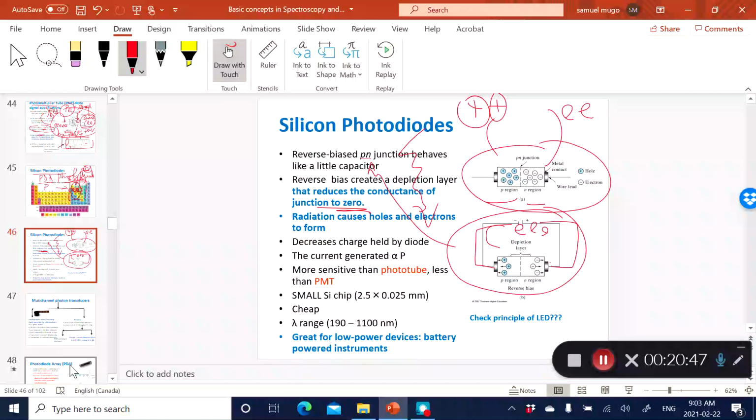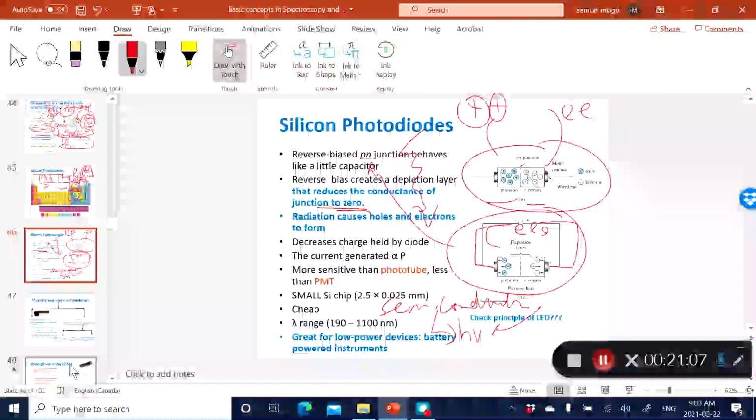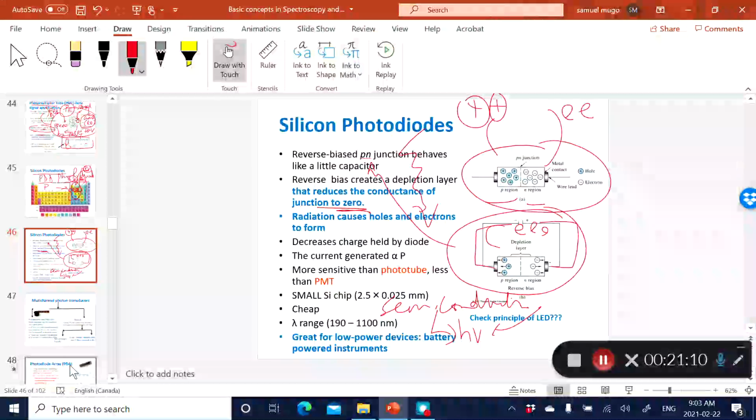And I hope that's fairly clear, guys, that anytime you have a semiconductor and you impinge it with light, the effect is that you've got electrons in the valence band, and you can promote them to what you refer to as the conduction band. In the conduction band, the electrons freely flow.